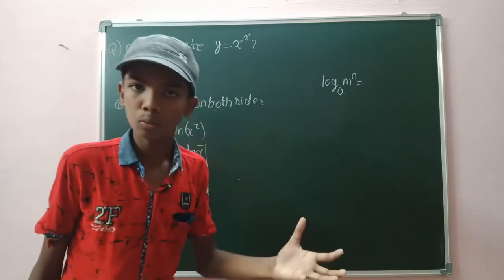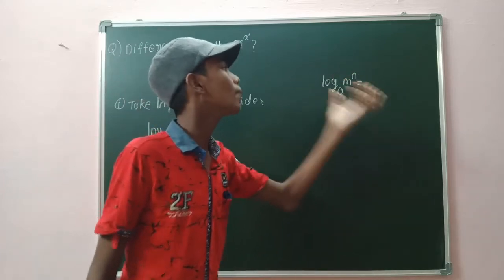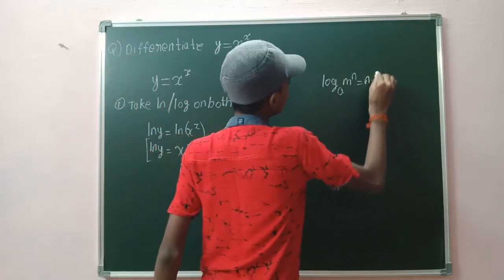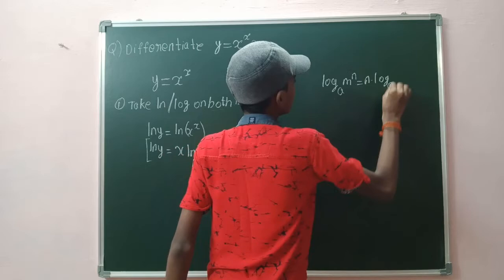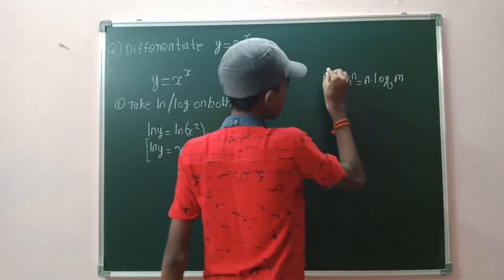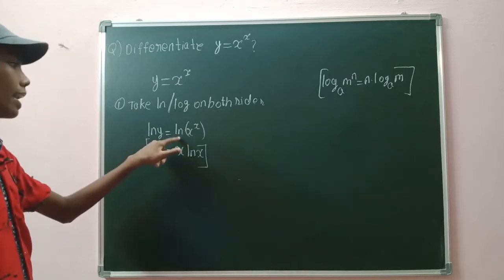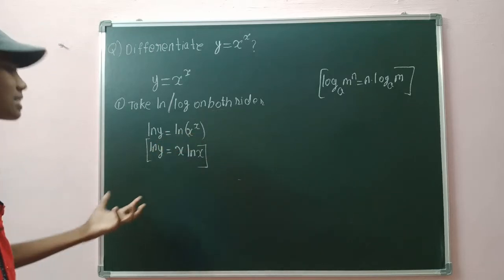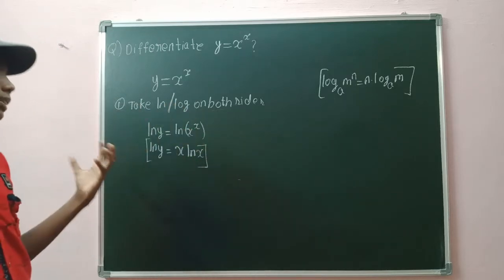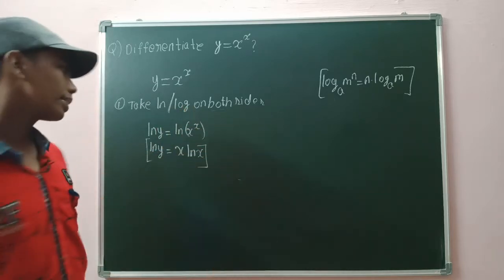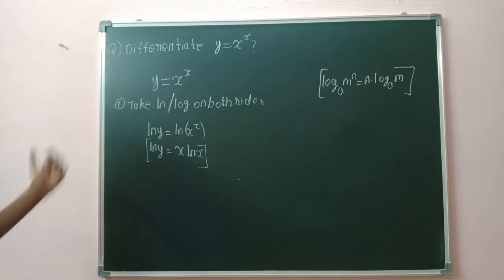The inside value m is raised to the power n, hence I can take the n directly outside. Here your n is x. So just use this property, that's all. This is what we got now.